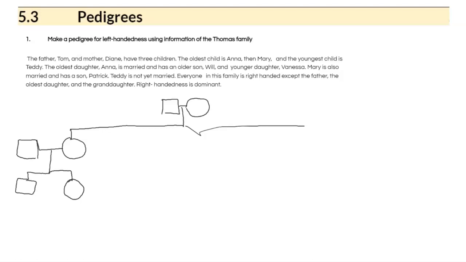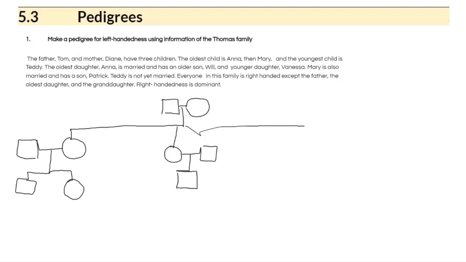Mary is the second child, so let's draw Mary. Here is Mary. Mary is married and has a son, Patrick. And there's Patrick.